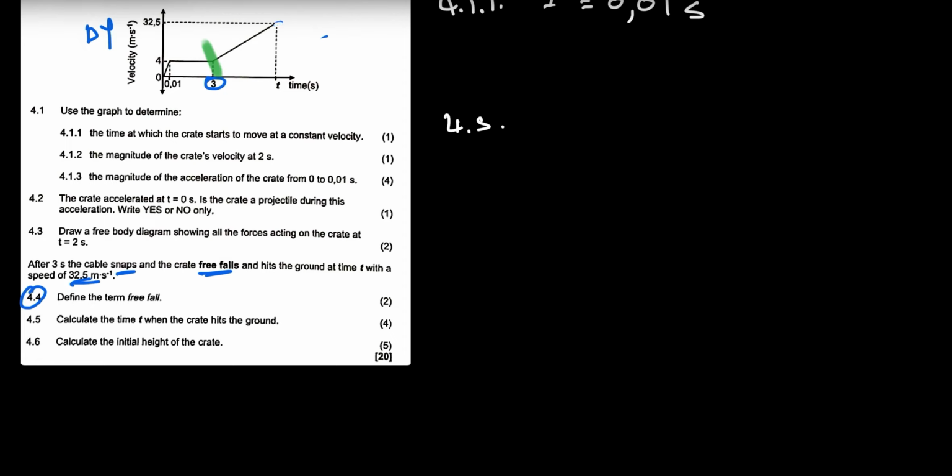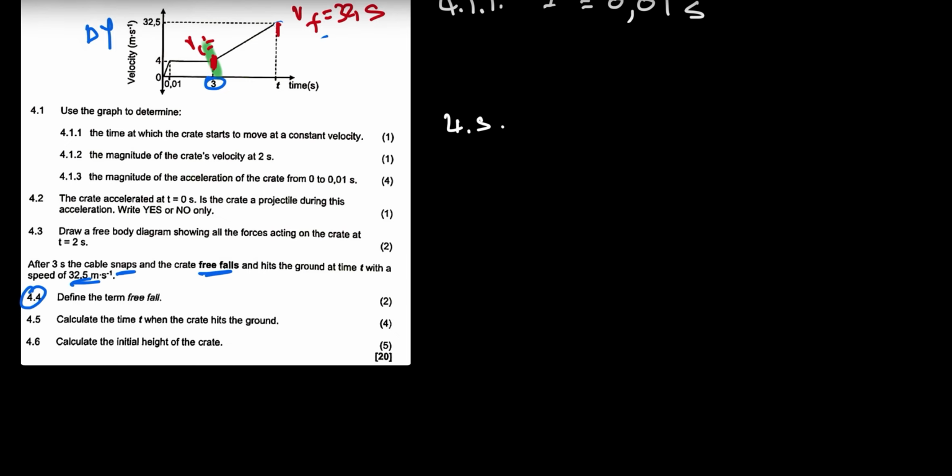We are using equations of motion because from time t till there, we are having a free fall. So the equations of motion will apply. We have the initial velocity as 4 meters per second, and the final velocity as 32.5 meters per second.